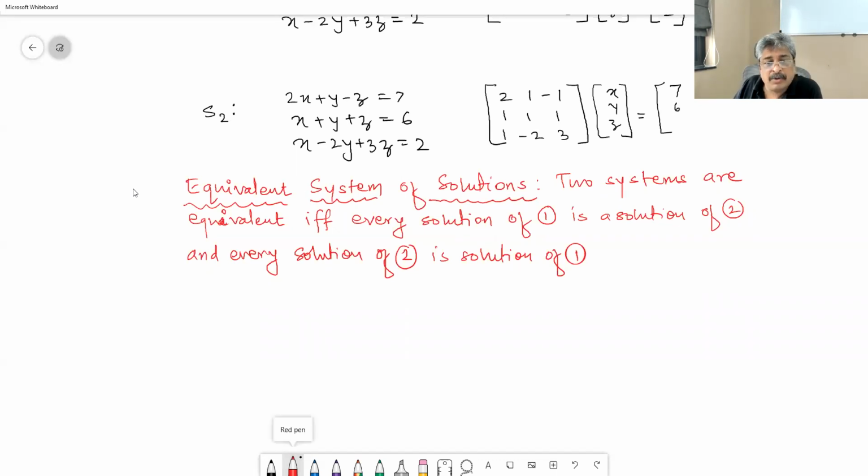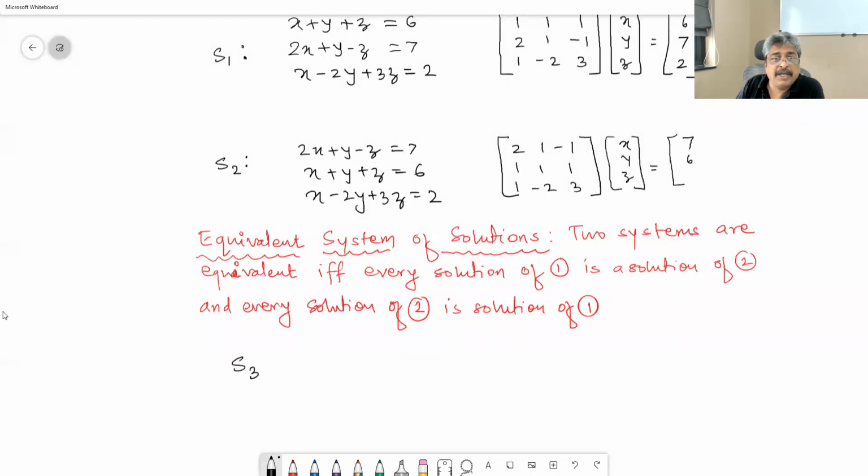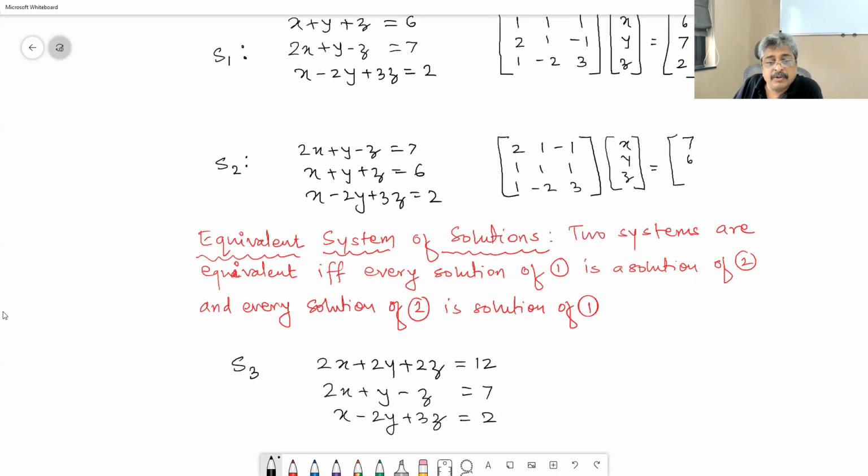Maybe we will figure out some additional conditions on which we can say systems are equivalent. Let me write down S3. S3 is 2x plus 2y plus 2z is equal to 12, 2x plus y minus z is equal to 7, and x minus 2y plus 3z is equal to 2.